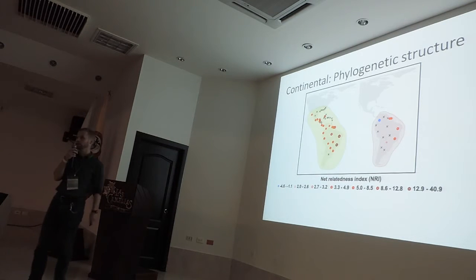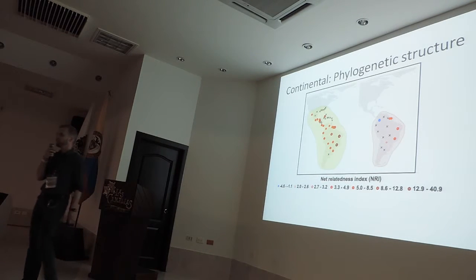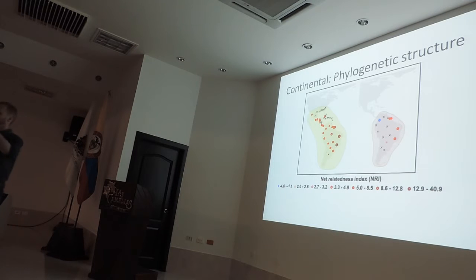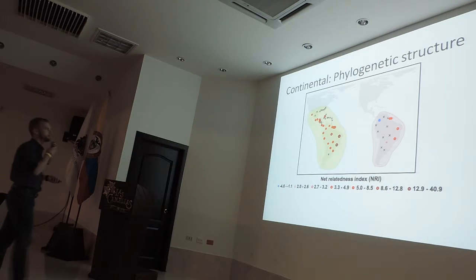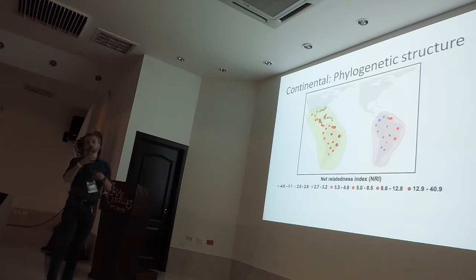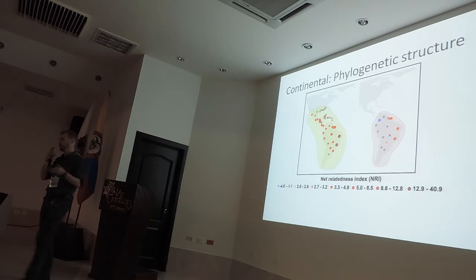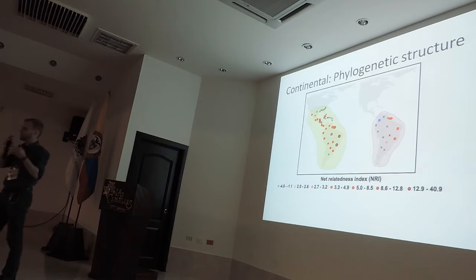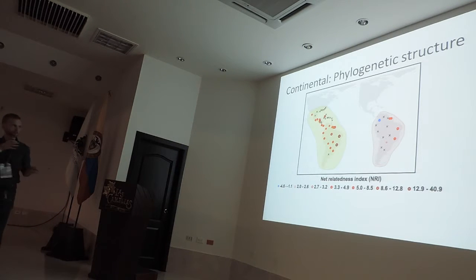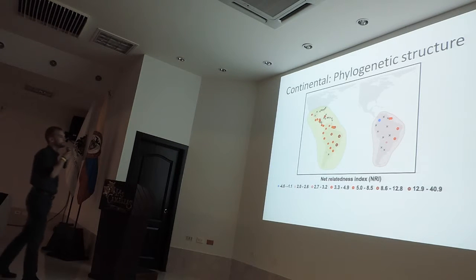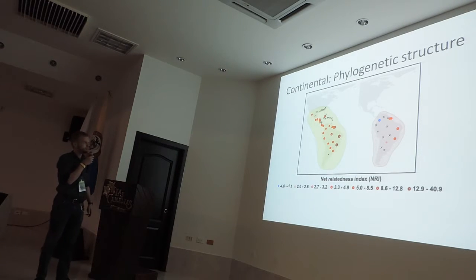One way of doing it is looking at measures of phylogenetic structure and composition of assemblages. And this is one thing we did, in this case, for really broad-scale assemblages in approximately country-size units across the Neotropics, not country-size for Brazil, but for most of the other parts of the Neotropics.